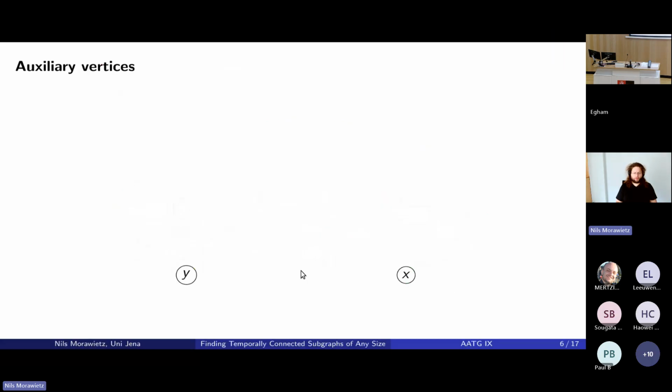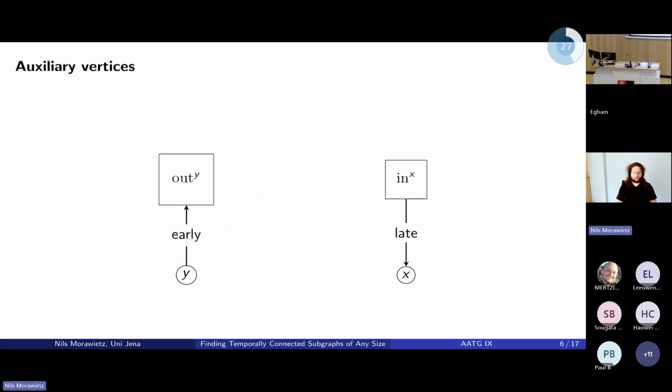And so if we have 2 vertices, y and x, and we want to enable that y can reach x via some auxiliary vertices, what we do there is we introduce 2 vertices, an out and an in vertex, an out vertex of y and an in vertex of x. So y can go time-wise early to this out vertex, and from this in vertex of x, we can go late back to x.